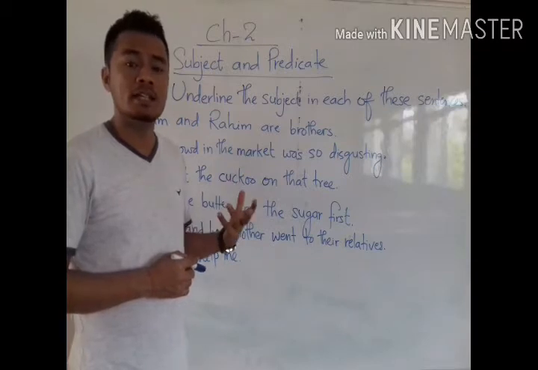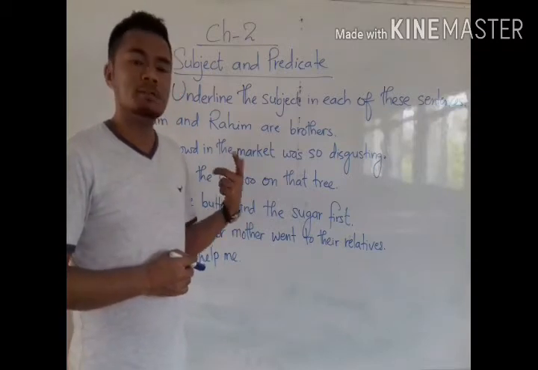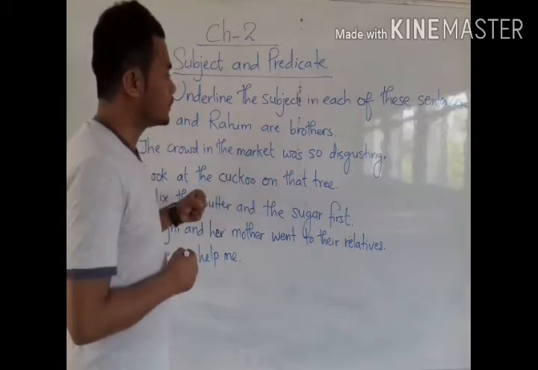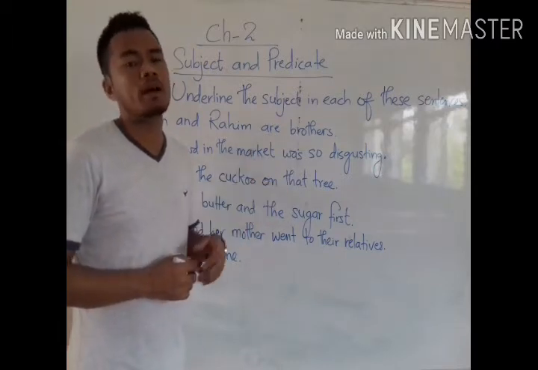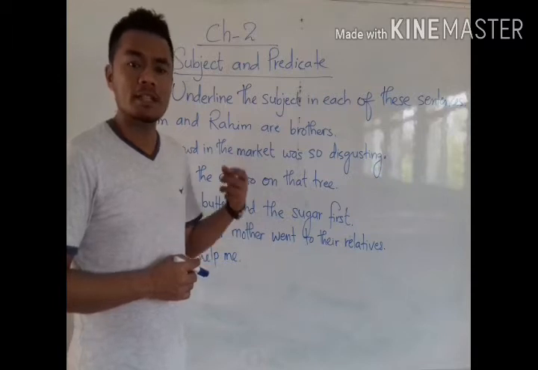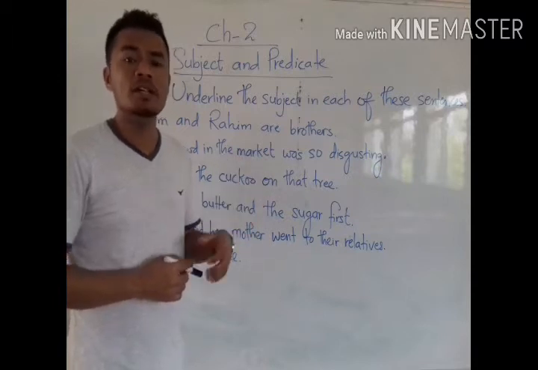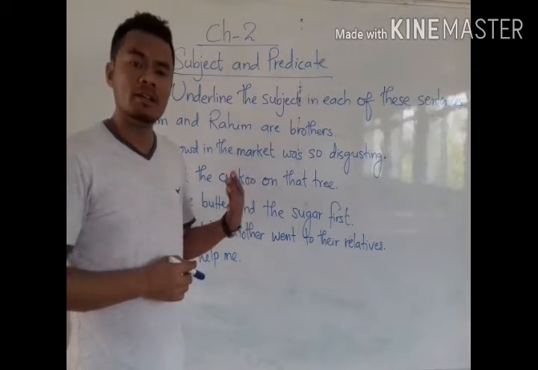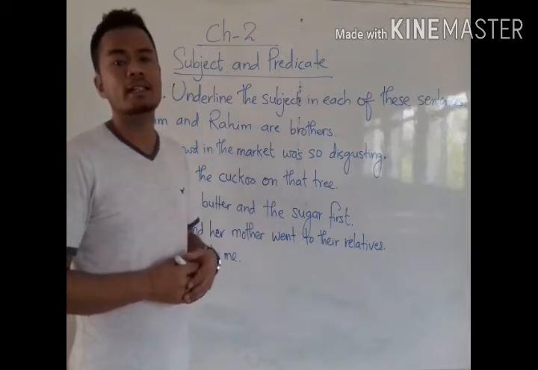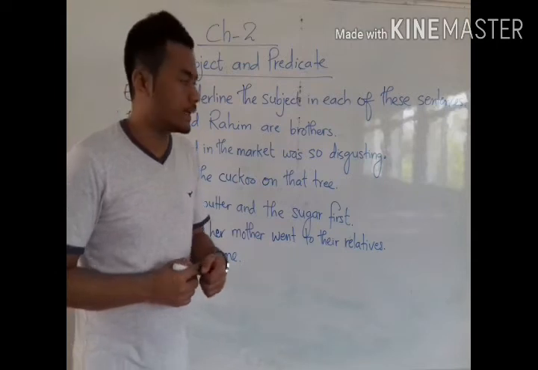That means by using verbs we say something about the subject. Understood? That is why verbs are the main part of the predicate, because verbs help us to say something more about the subject, and whatever is said about the subject is the predicate.